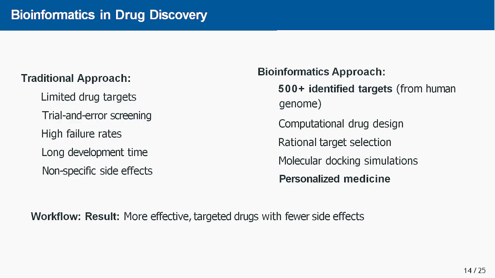That is why there are high failure rates, it takes a longer time, and it may have non-specific side effects. But in the bioinformatics approach, let's say we have 500 plus identified targets in the human genome. Then we go for computational drug design, to work out what the composition of a drug should be for a particular disease.